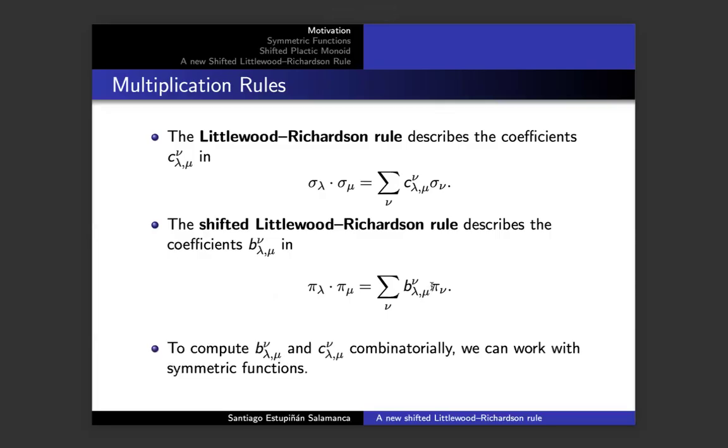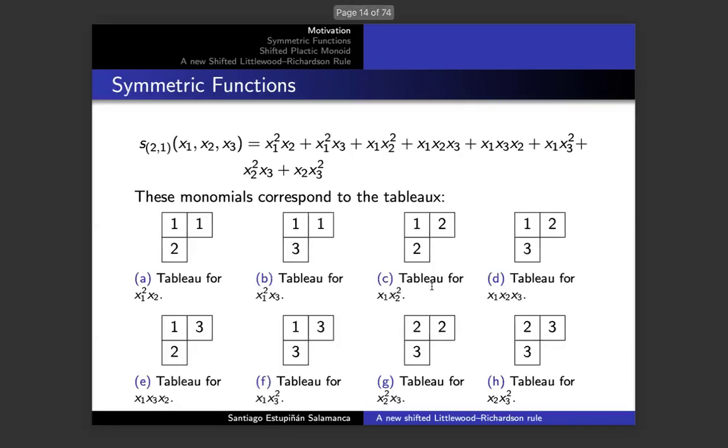And the way to describe this is through a bridge with symmetric functions. You may be familiar with this, but just to remind you, the space of symmetric functions is generated by a basis called the basis of Schur symmetric functions. And this is a generating function over semi-standard Young tableaux, which are these diagrams that you can see.